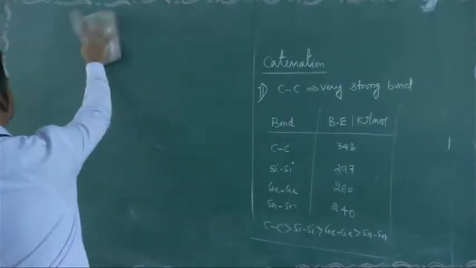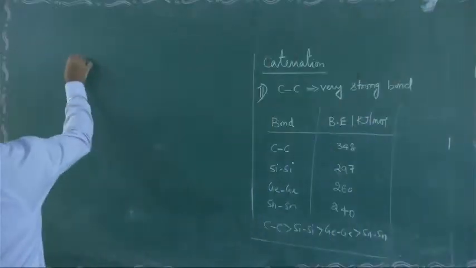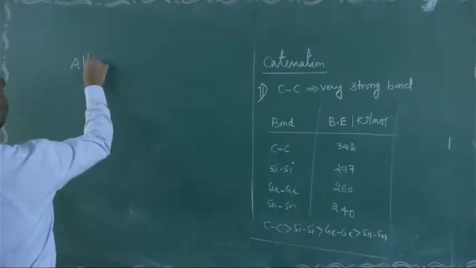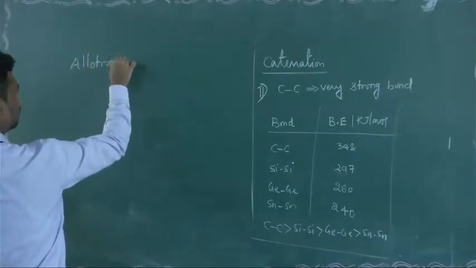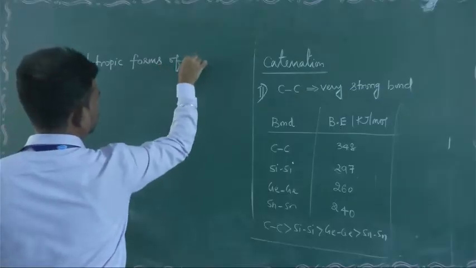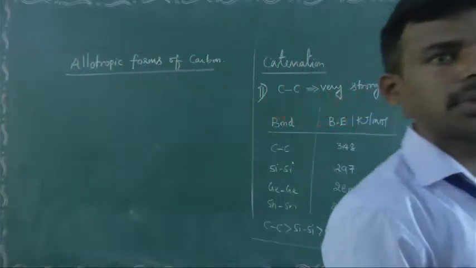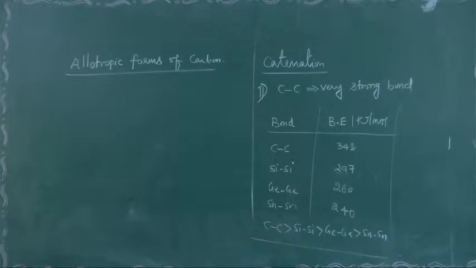What allotropic forms are there? Diamond, graphite and fullerene. Note that the allotropic forms of carbon are diamond, graphite and fullerene.